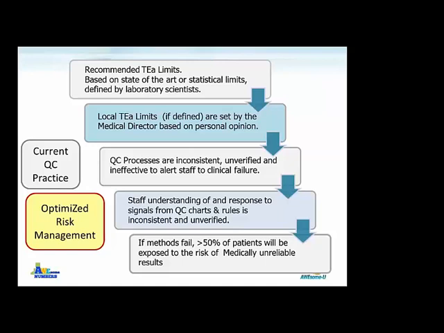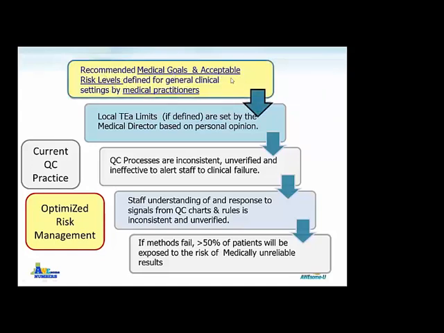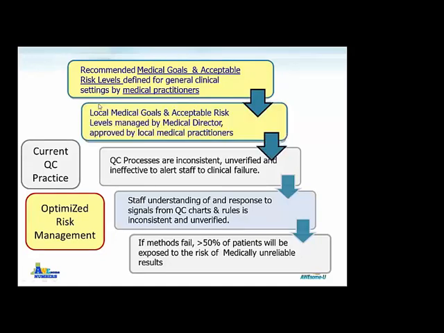So instead of using TEA limits based on state-of-the-art statistical limits defined by lab scientists, we're going to use medical errors and acceptable risk levels, medical goals and acceptable risk levels defined for general clinical settings by medical practitioners. Then local medical goals and acceptable risk levels can be managed by the medical director in conjunction with local medical practitioners.